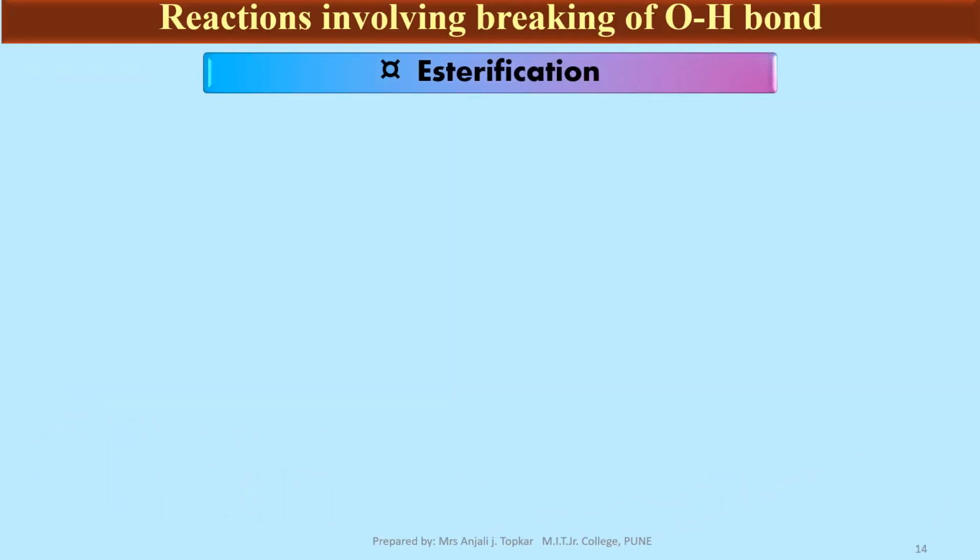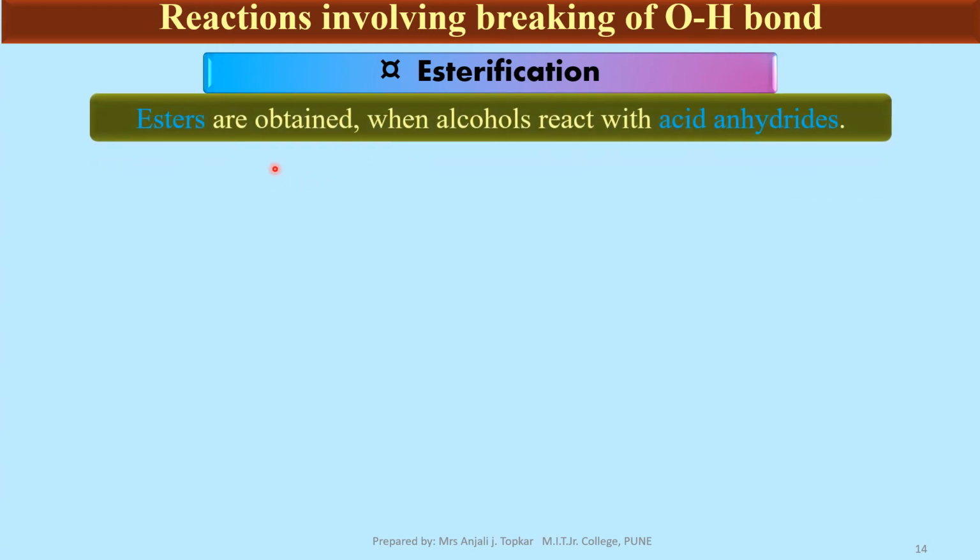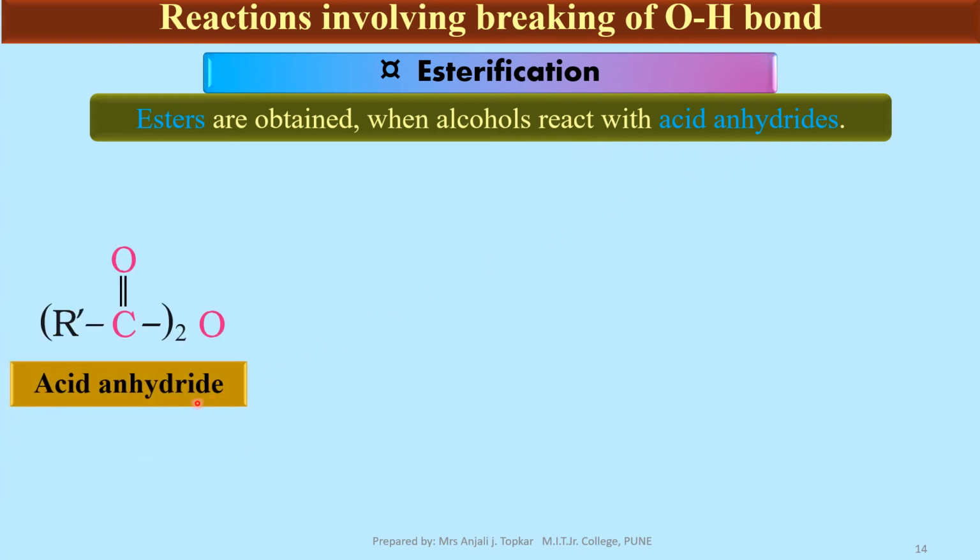Let's see the reaction involving breaking of the OH bond. Let's talk about esterification. Esters are obtained when alcohols react with acid anhydrides. This is acid anhydride plus ROH, which is alcohol.